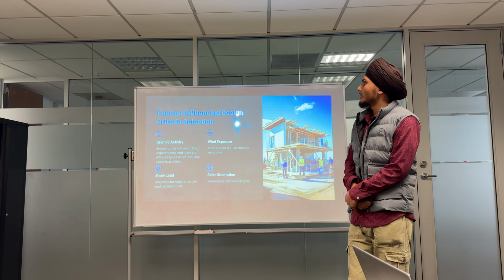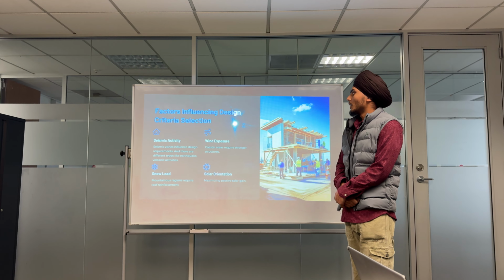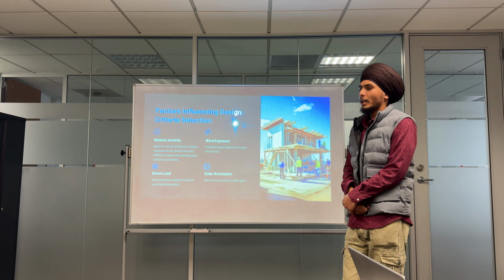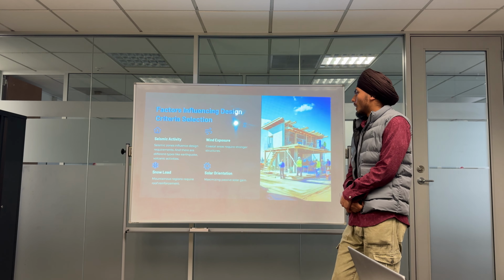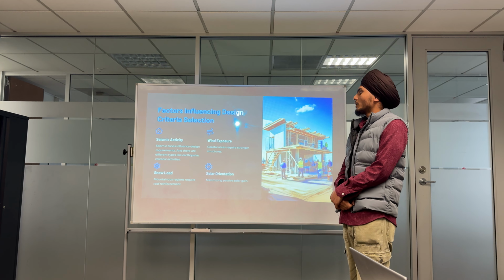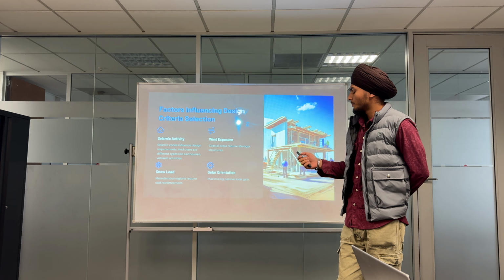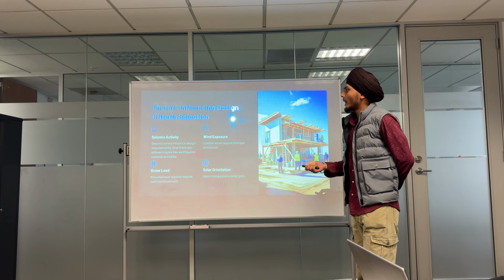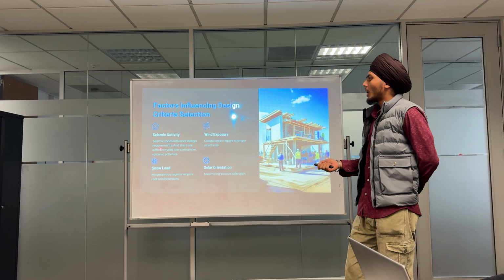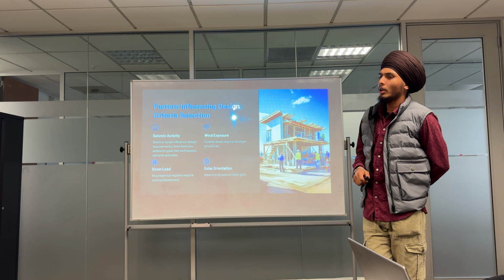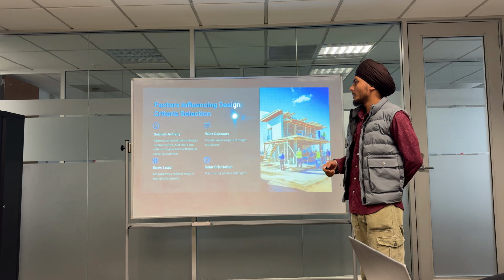Factors influencing design criteria selection, like seismic activity, wind exposure, snow load, and solar orientation. First one is seismic activity. Seismic zones influence design requirements, and there are different types, like earthquakes and volcanic activities.